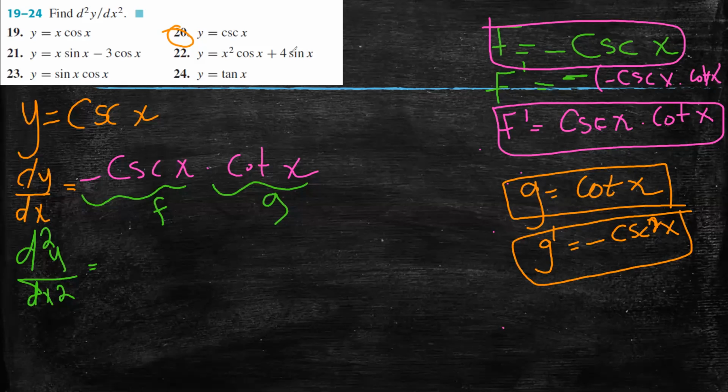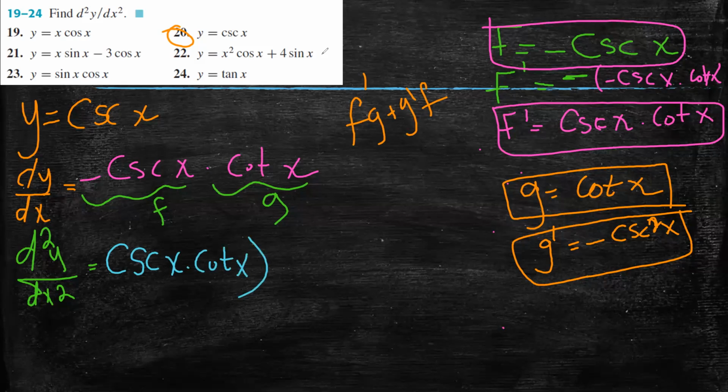Let's now write the derivative. So don't forget, it's f prime g plus g prime f. Now, f prime, where is f prime? It is cosecant cotan, times cotan. So cosecant x times cotan x. Now where's g? g is cotan, yes.